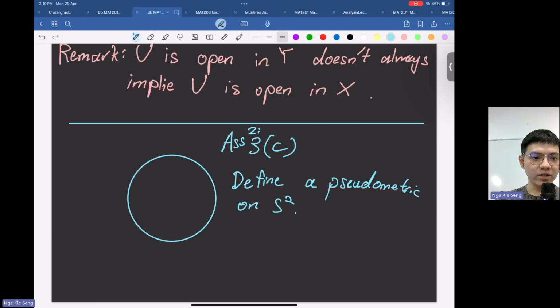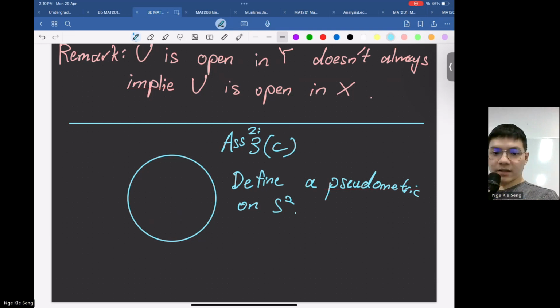I can tell you what you need to do. I can even tell you what to define. I'm not sure there are other solutions or not, but I can try and give you one solution. Okay, so define a pseudometric on Sn.